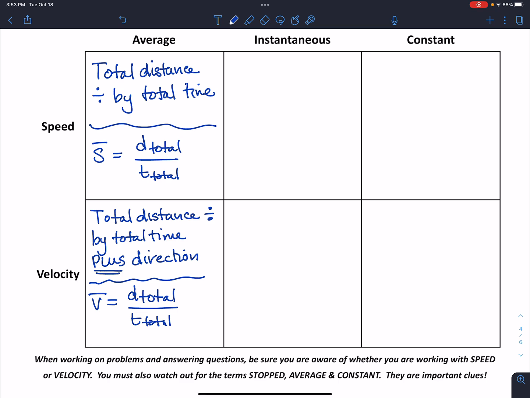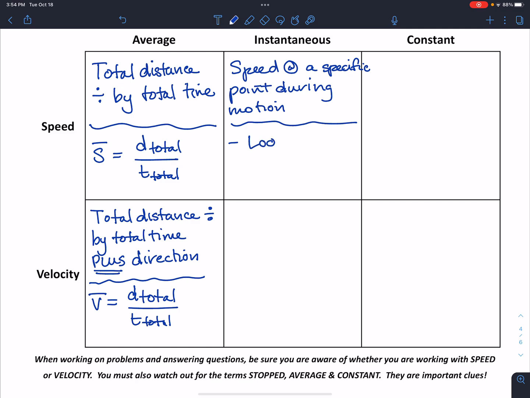Instantaneous, just like we saw before, instantaneous speed is the speed at a specific point during our motion. As we said before, to check it, look at your speedometer.